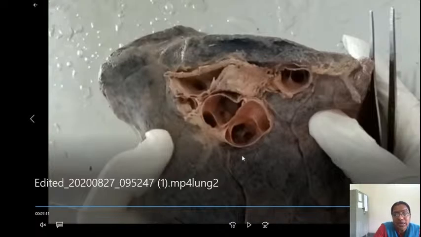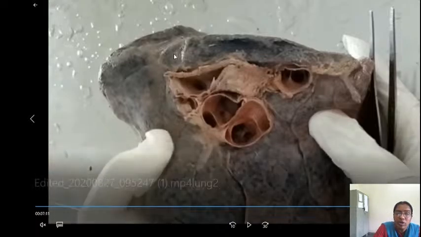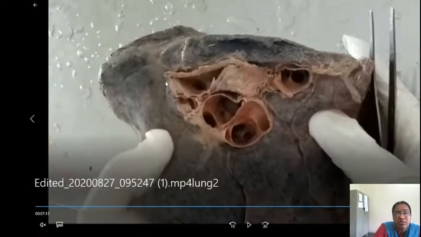Then the tubes, the esophagus and the trachea, are coming on the posterior part. Along with that are two nerves: in front is the right phrenic nerve, behind is the right vagus nerve. So this is on the right side.